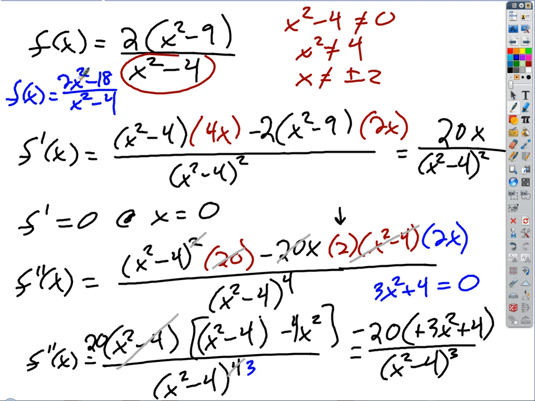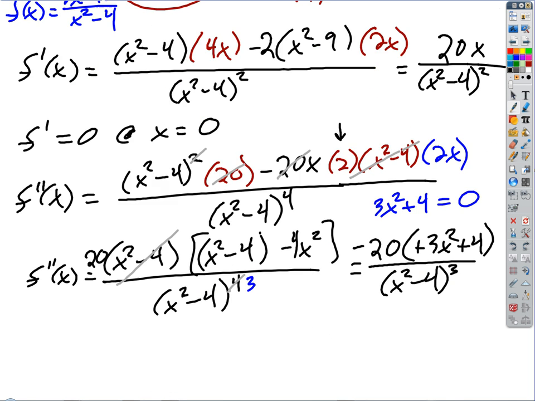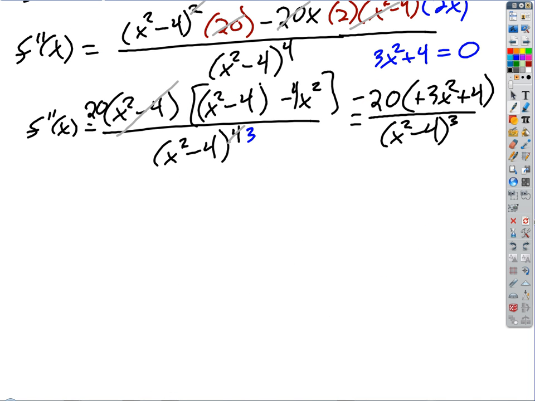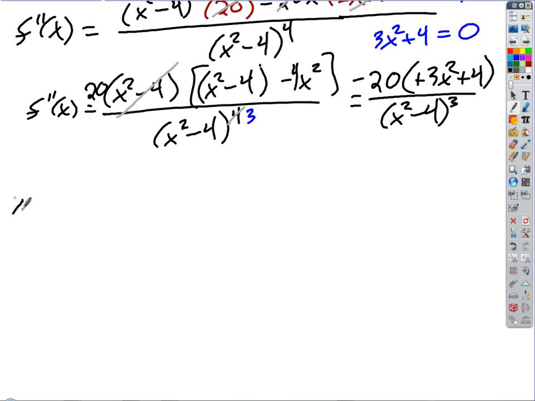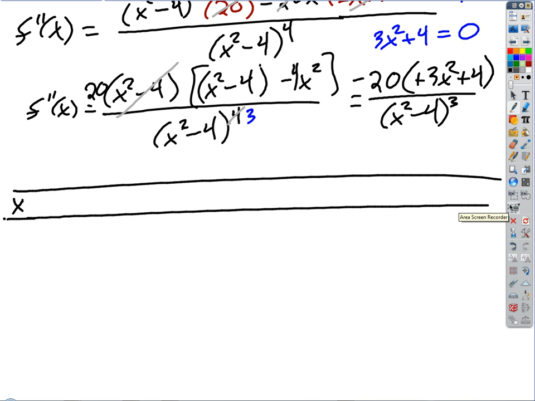And so now we have a pretty complete description. When we fill this in, we're going to know what this function looks like. Okay, so let's do this. Our domain was all reals except, we had an undefined function at -2 and +2, wasn't it?